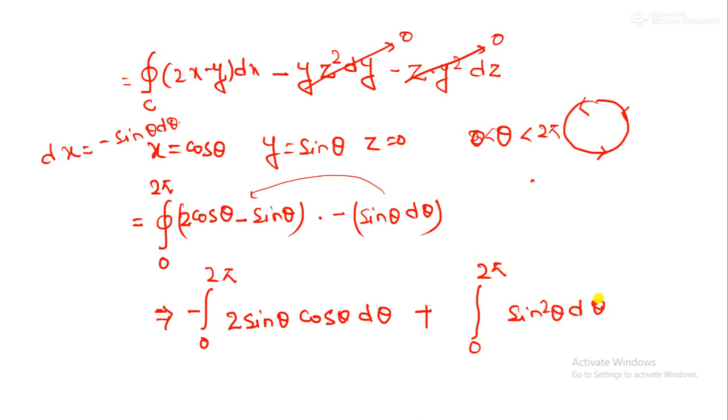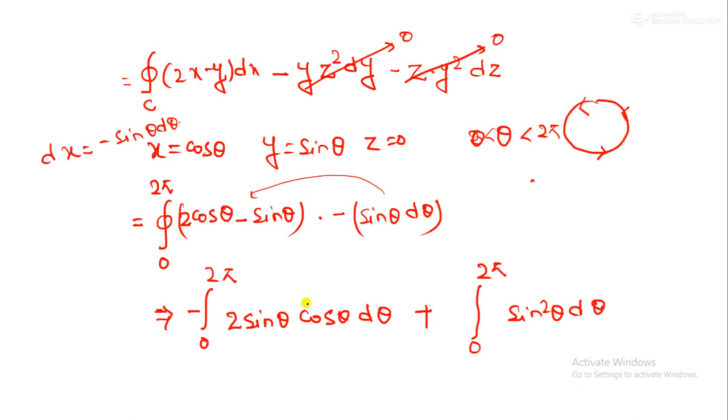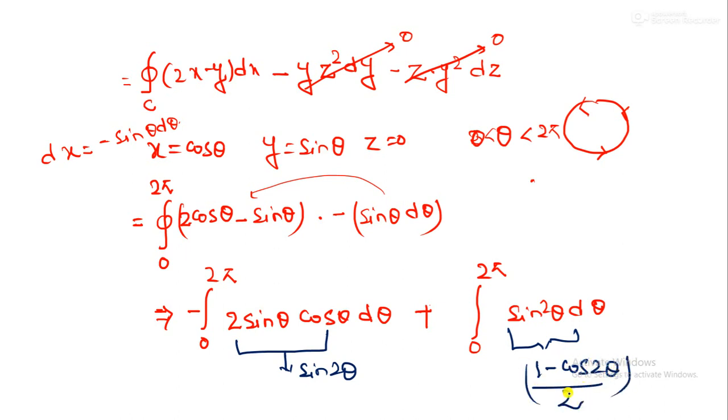Okay, now this is a basic integral of basic trigonometric functions. You can easily solve this by using 2 sin theta cos theta is sin 2 theta, and also sin square theta you can write in terms of cos, that is 1 minus cos 2 theta by 2. On putting these two factors, let me solve this problem.